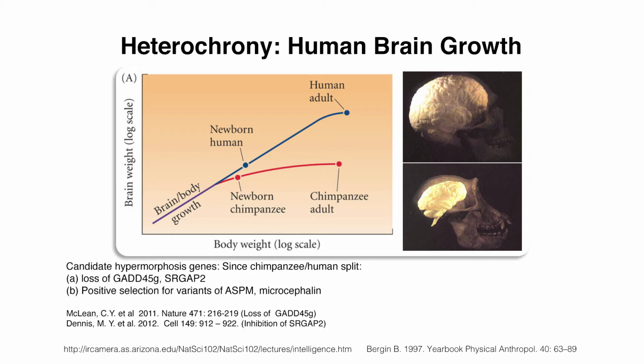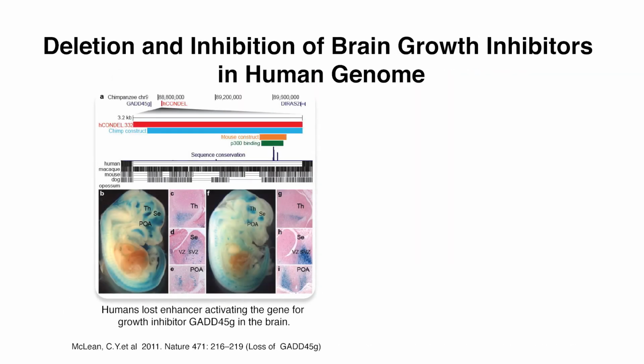Many of these genes are inhibitors of inhibitors. For instance, the GAD45G gene. This encodes a protein that is an inhibitor of neural growth. Humans have lost the neural specific enhancer for this gene, thereby allowing this gene to be expressed in other organs, but not in the human brain.